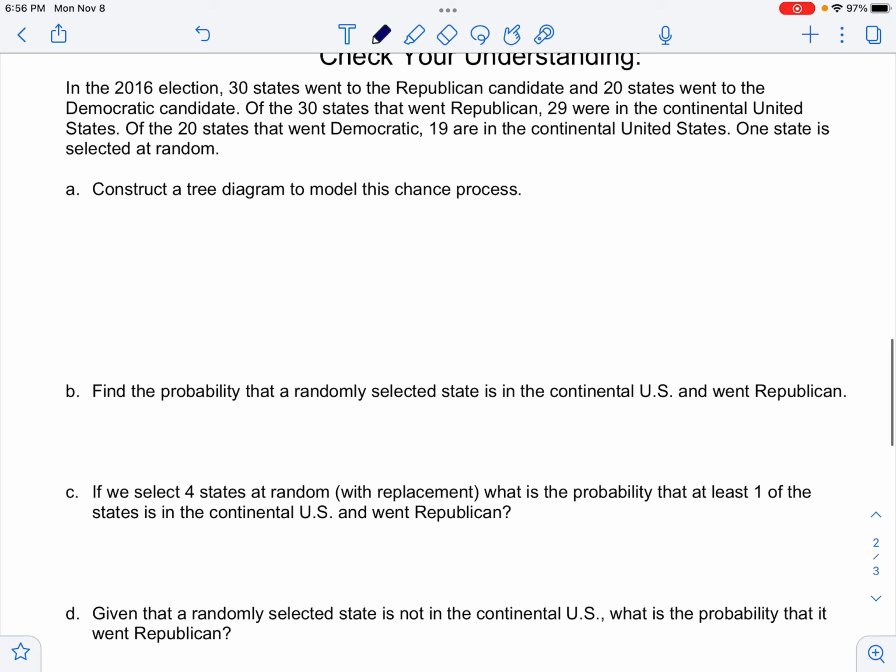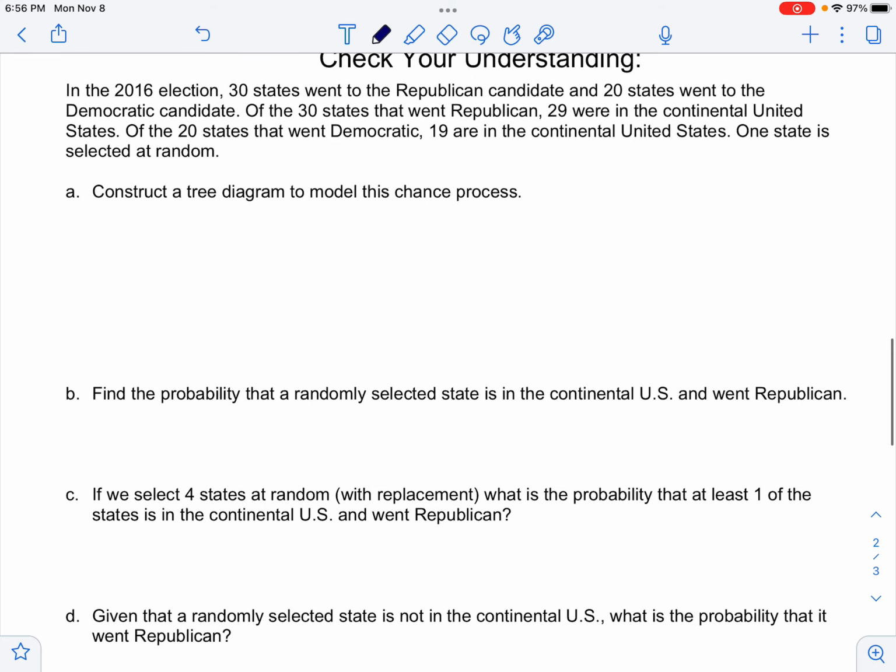All right, so at this point, hopefully you've paused. I'm going to go ahead and start by constructing my tree diagram for part A. So we have all of our states here. And the first branches of our tree are going to be the two parties.